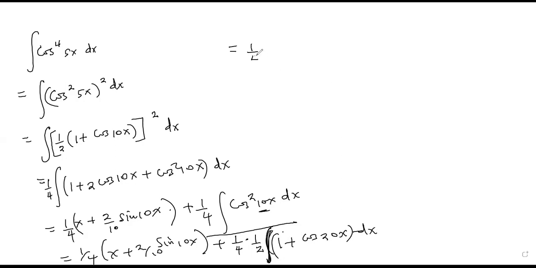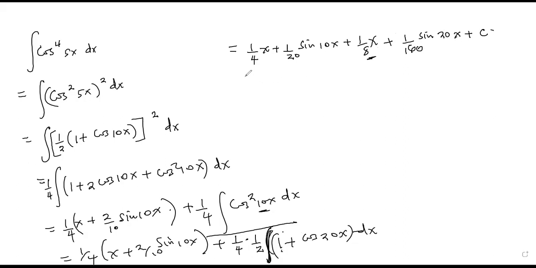So this is going to give you a quarter x plus 1 over 20 sine 10x, plus, this is 1 over 8 here, so it will be 1 over 8x, then plus 1 over, the 20 will go down, 20 times 8, that is 1 over 160 sine 20x plus a constant c.